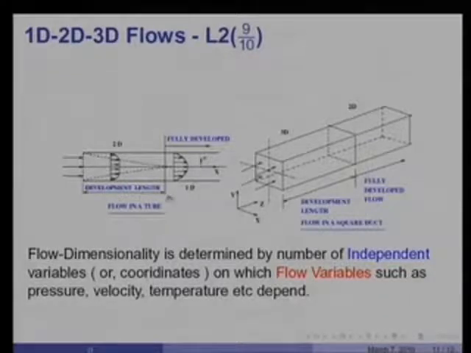I emphasize this connection of dimensionality with independent variables because very often people think of dimensionality of the flow as being concerned with the number of velocity components, which is not true. For example, if I had a swirling flow, an axisymmetric swirling flow, it will still be called a 2-dimensional flow because all the 3 velocity components Vx, Vr and V theta are functions of radius and axial distance.